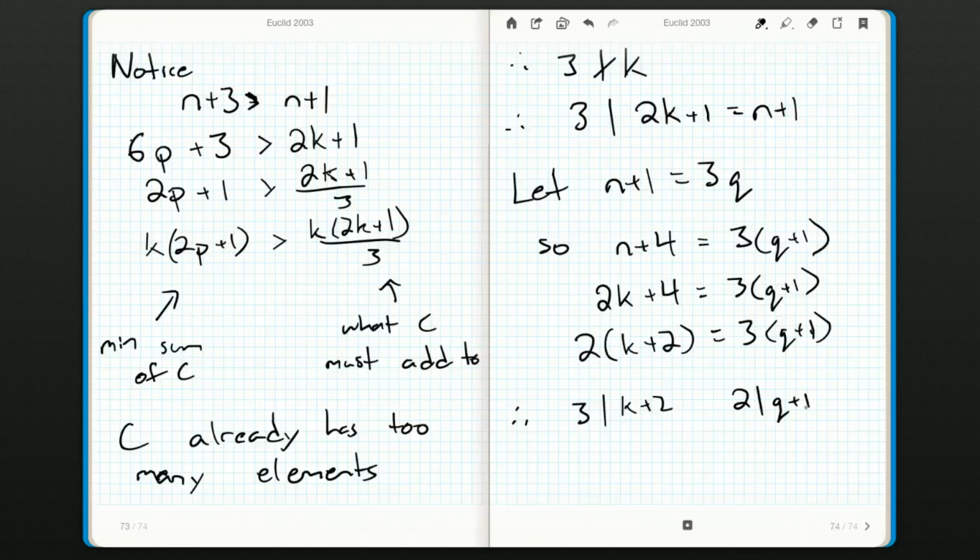We're not done yet. Because what we need to show is that 4 divides q plus 1, because then this thing on the other side will be a multiple of 12, and so n plus 4 will be a multiple of 12, and n plus 4 divided by 12 will be an integer.